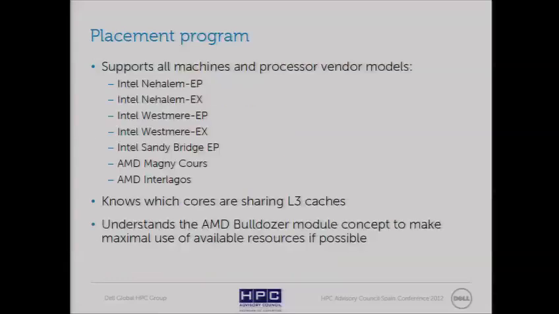It also supports all the major processors, and it knows about these processors. So it knows what the core enumeration is, it knows which cores are sharing level 3 caches, and it also knows, in case of an AMD Interlagos, which cores are in the same module. So it also knows that concept.